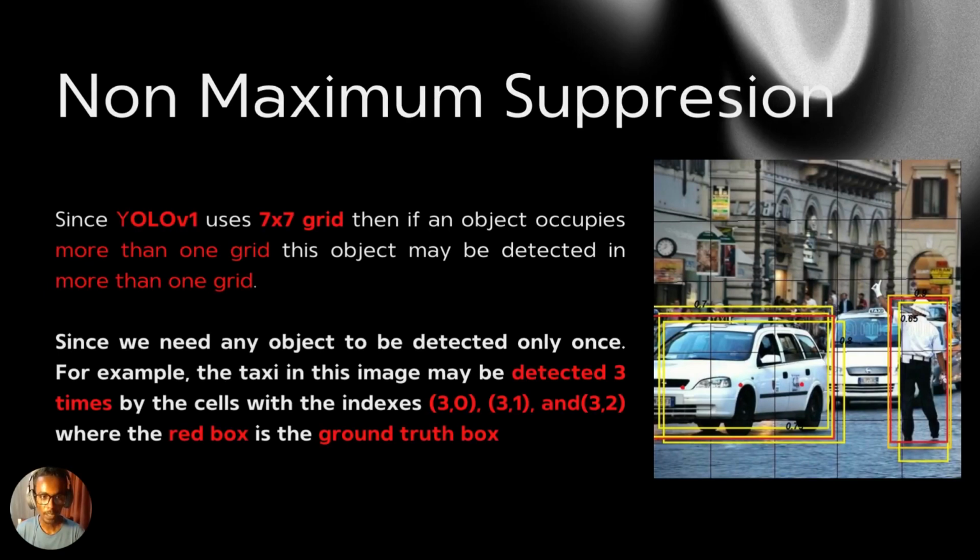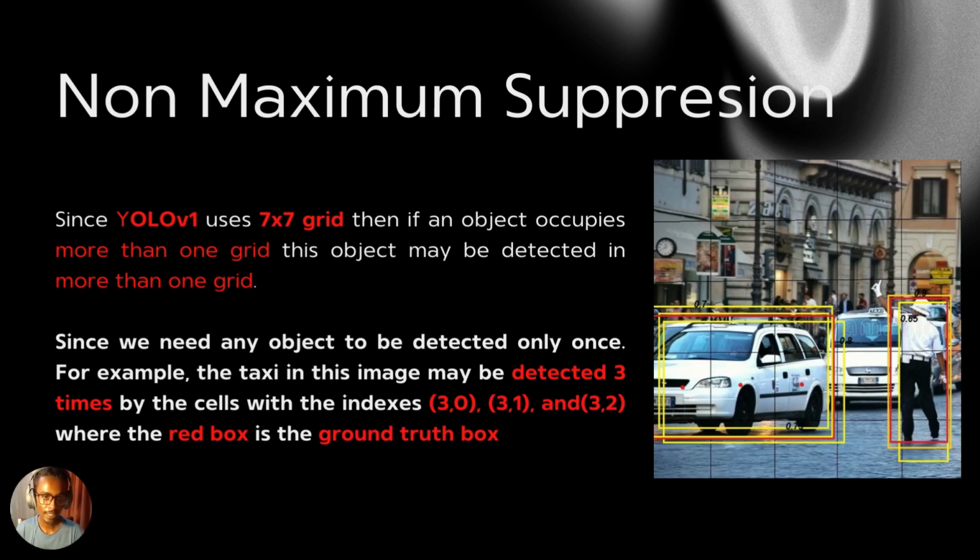So last time we talked about non-maximum suppression. Since YOLOv1 uses a 7x7 grid, if an object occupies more than one grid cell, you might have a scenario in which one object is very large and not contained within a single grid cell, so it's going to be detected by multiple grid cells, and the object may have a lot of predicted bounding boxes.